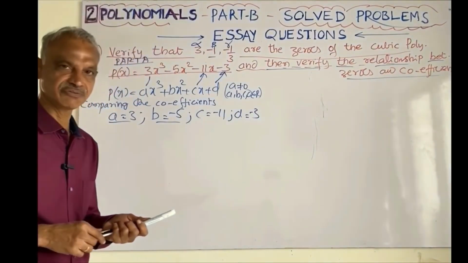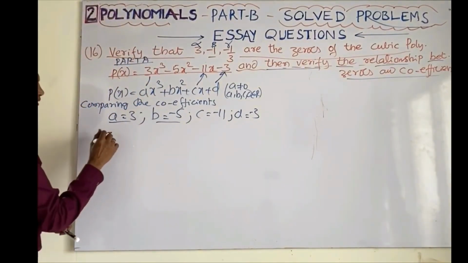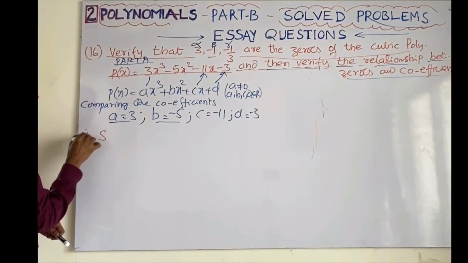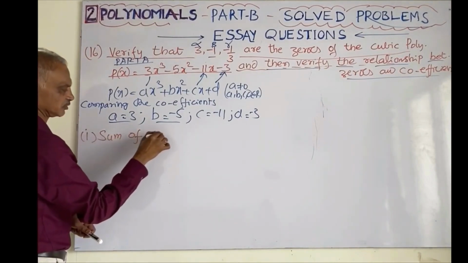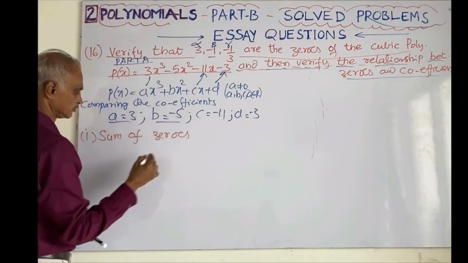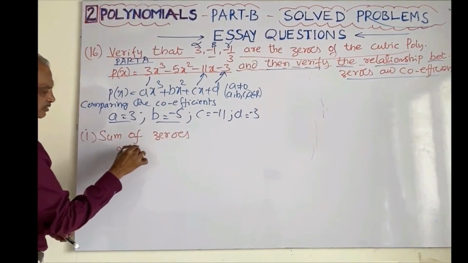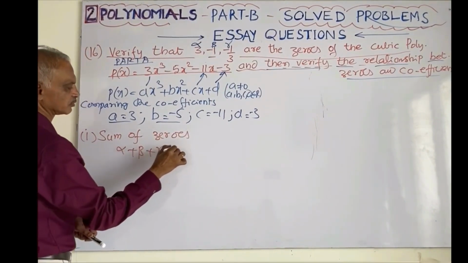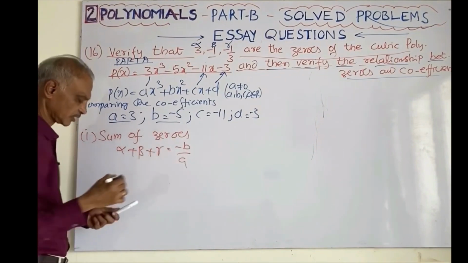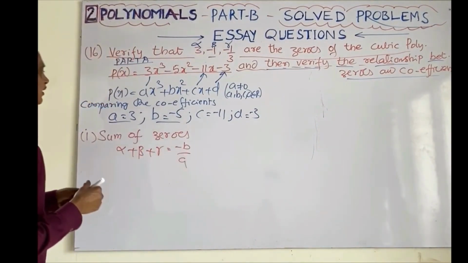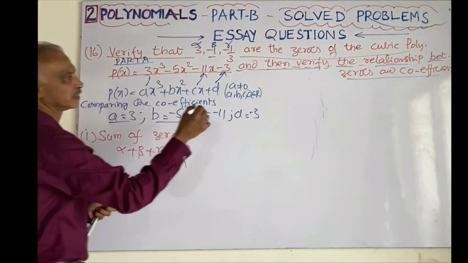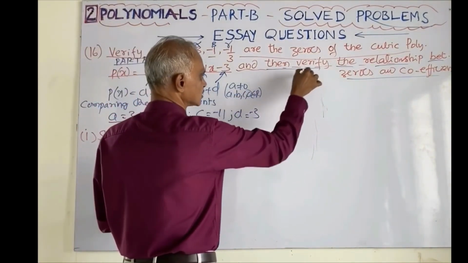How can we verify? First you have to take sum of zeros. What is sum of zeros? Alpha plus beta plus gamma is equal to minus b by a. What are these alpha, beta, gamma? First, let alpha, beta, gamma be the zeros of this polynomial.